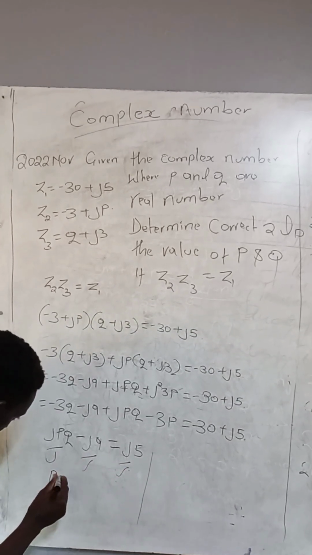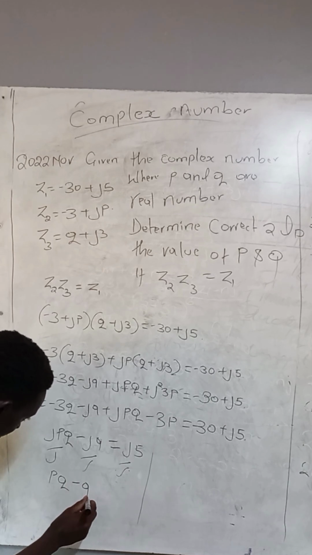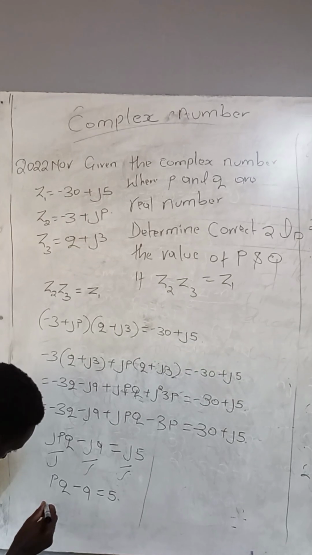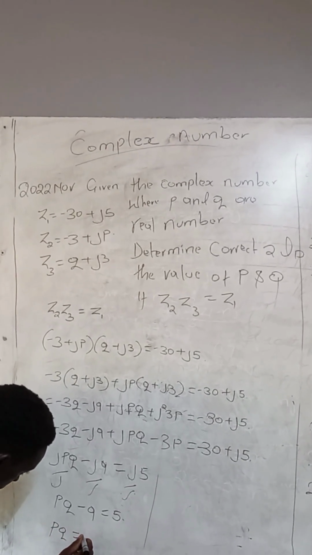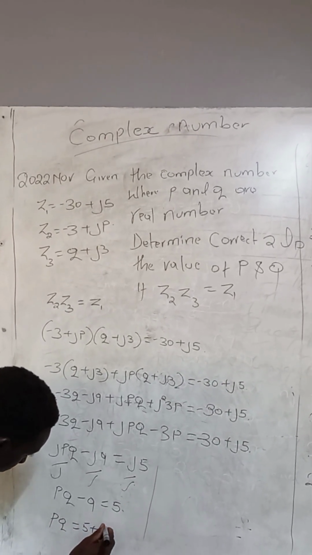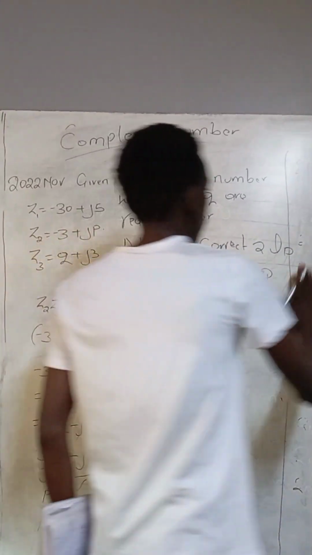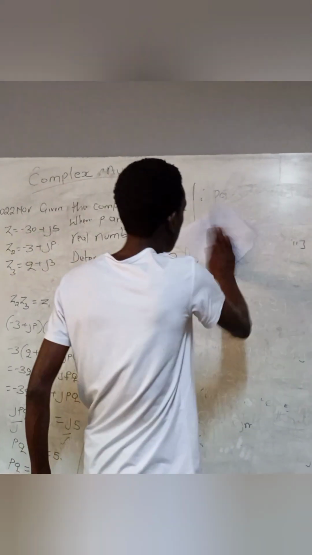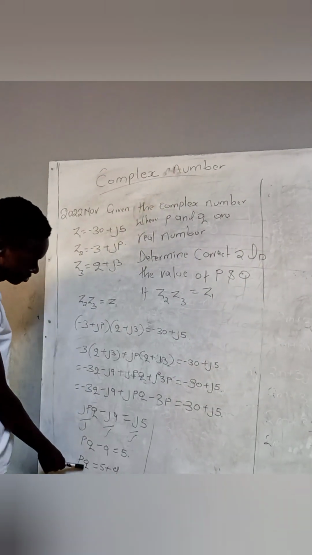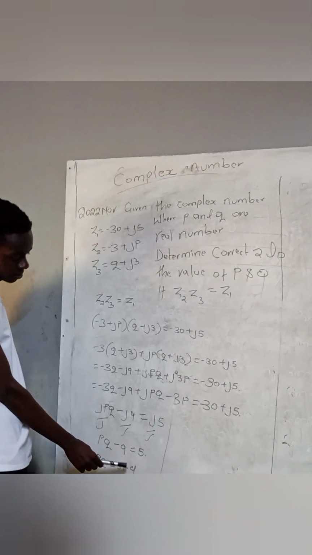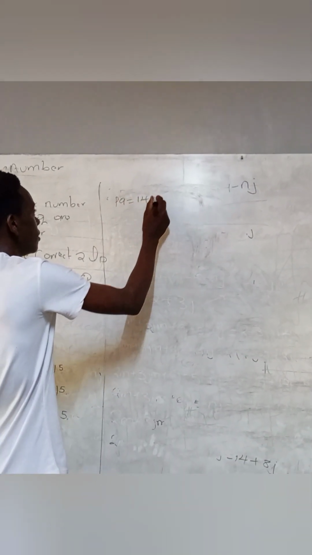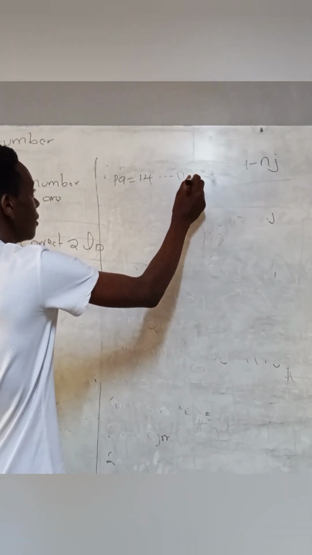So I will have pq minus 9 is equal to 5, so pq is equal to 5 plus 9. So my pq is equal to 14. This is equation 1.